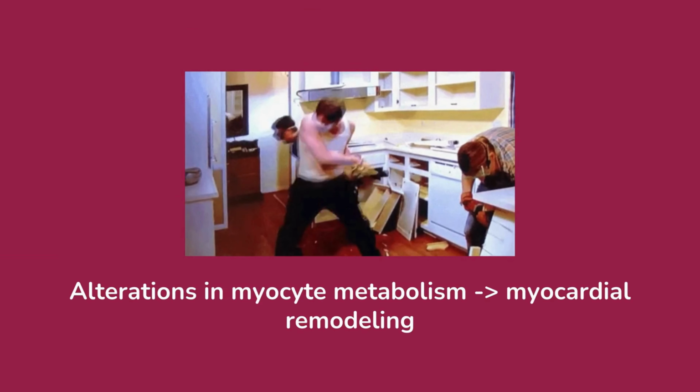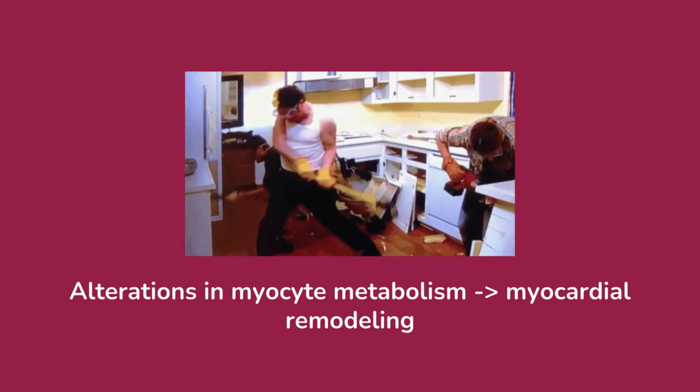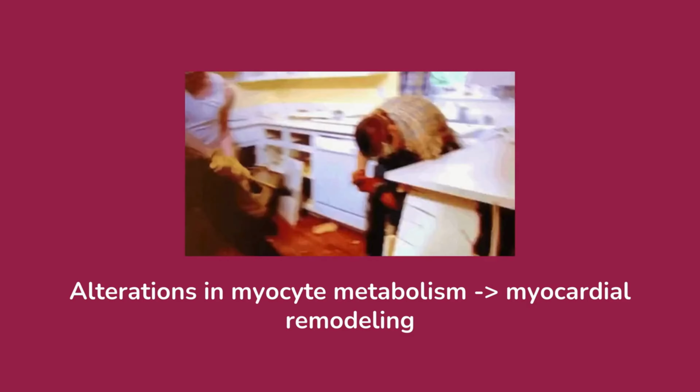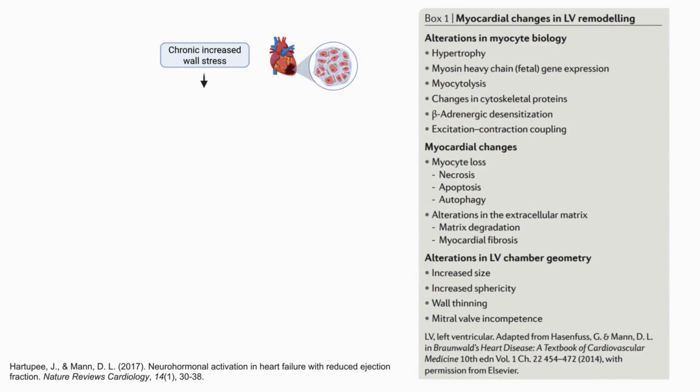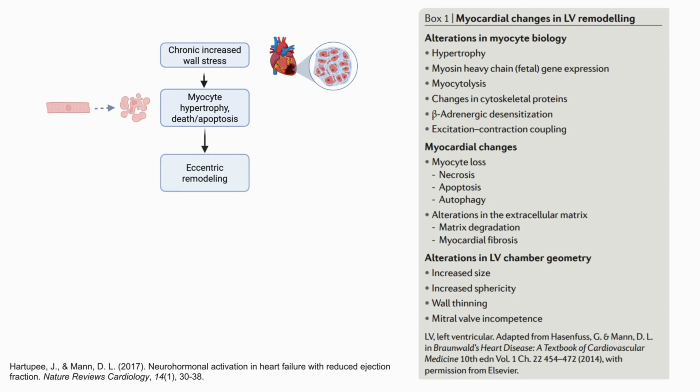We can also see some changes in myocyte metabolism, which lead to myocardial remodeling. When there's a continuous wall stress, there are many changes in the structure of the myocyte. This can lead to hypertrophy or death. This eventually continues with remodeling of the tissue, usually the eccentric type, and after this, it becomes a cycle.